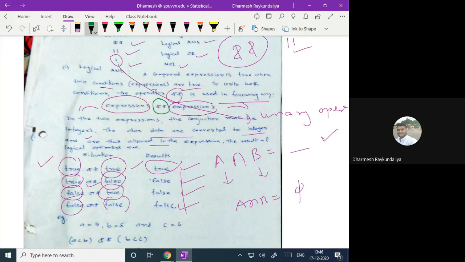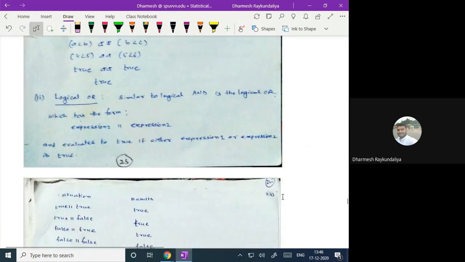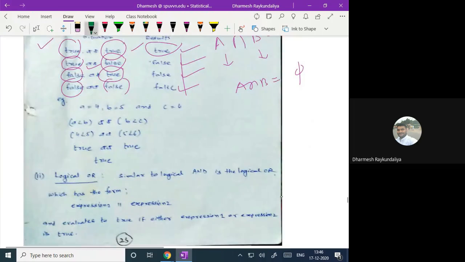So let us understand the following example. Let A equal to 4, B equal to 5, and C equal to 6. Now I wish to evaluate this expression. I have written in the bracket A less than B, then logical AND, and then B less than C. So A is equal to 4, B equal to 5, and C equal to 6.